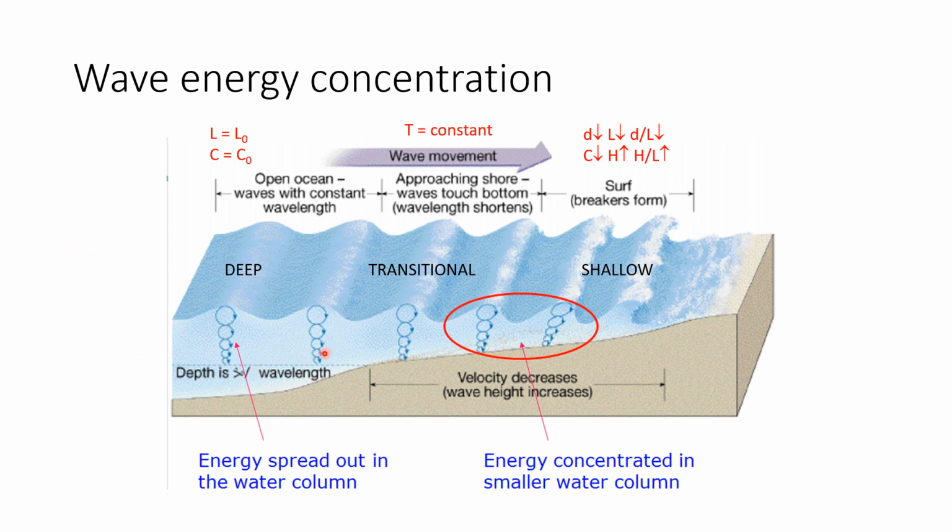But when eventually the same wave arrives at the shallow water region, where the orbital motion interacts with the seabed, then the wave period is no longer important and only the water depth governs the wave celerity.